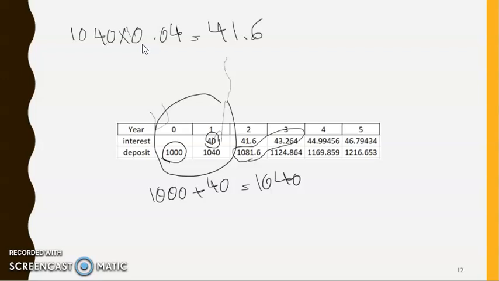And when you sum up these two things that you see here, you get to the account balance that you have, 1124. 1124 gives you 44 interest that totally summed up to 1169, and like that at the end of year 5 you should come up with 1216.653 in cash in your account. We are getting closer and closer to more technical things in financial planning.